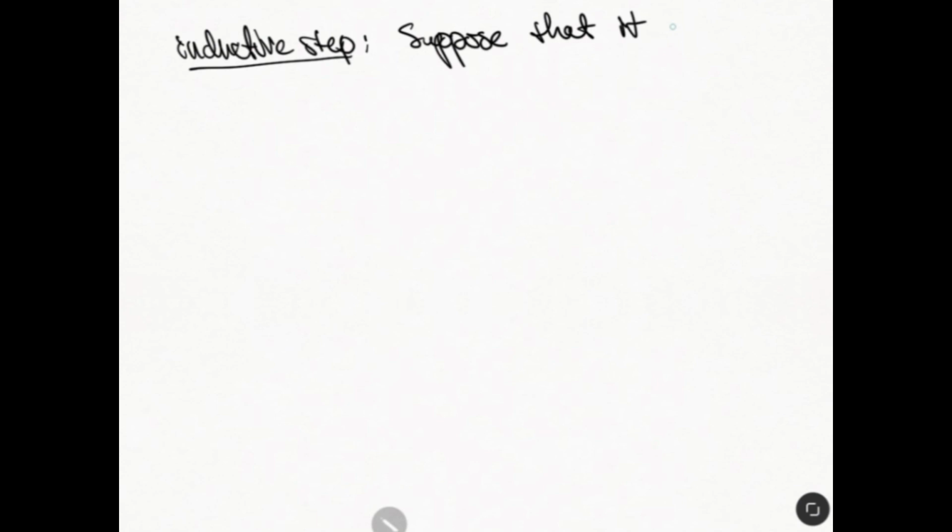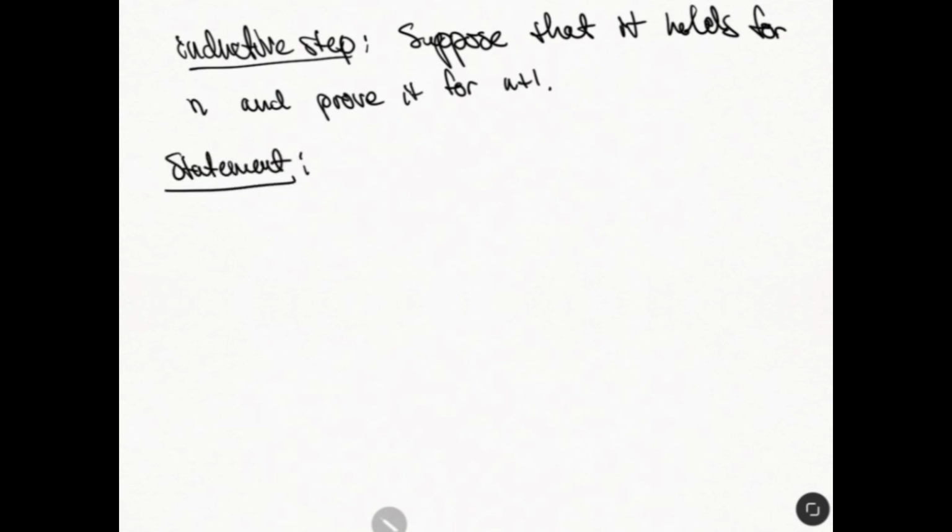Okay, so let's do the inductive step. Suppose that it holds for n and prove it for n plus 1. Okay, so let me just say what the precise statement is.